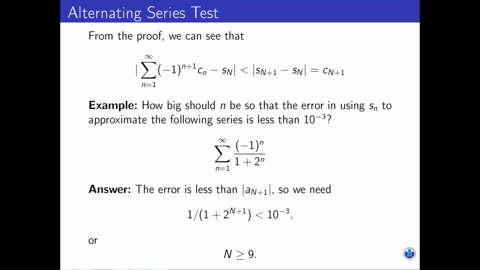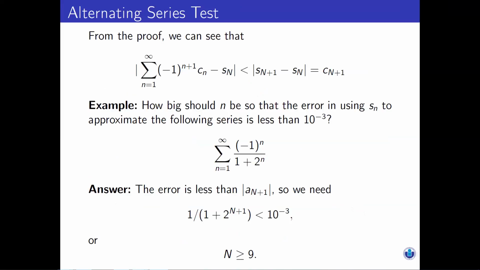So let's try this example. How big should n be so that the error using Sn is less than 10 to the power minus 3?